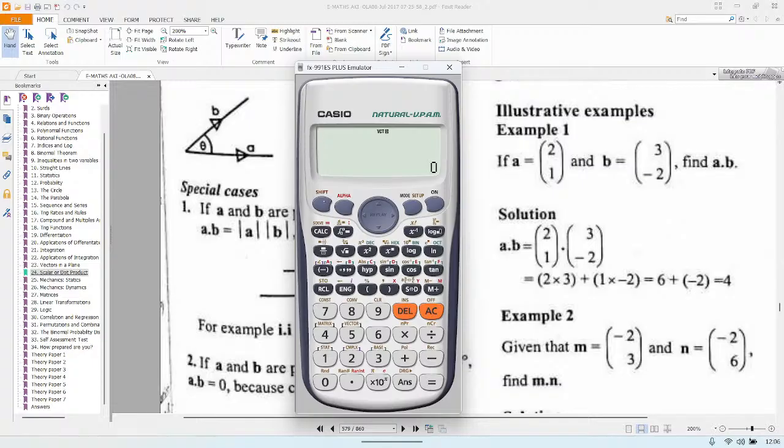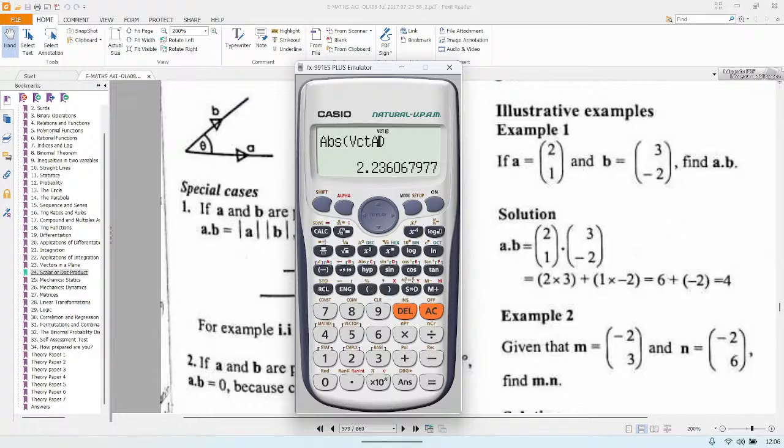You press Shift and HYP, it gives you ABS. The ABS, I've forgotten the meaning. It's about a distance or something. But what I know is that when you put your vector inside, maybe vector A, and you close the bracket, it gives the magnitude of the vector. Do you understand?